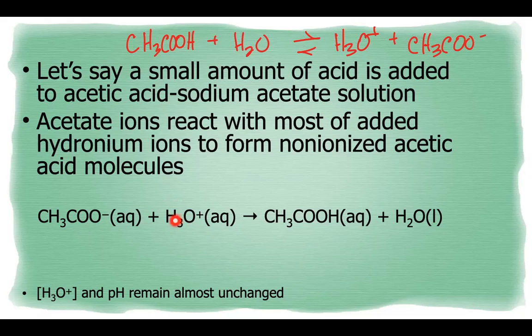However, because of the equilibrium shift, it's going to shift to the left and form non-ionized acetic acid to use up that extra hydronium, and the pH will remain almost unchanged. Okay, so again, a buffered solution is a weak acid plus a salt of the weak acid. That's supposed to be pointing to the hydronium.